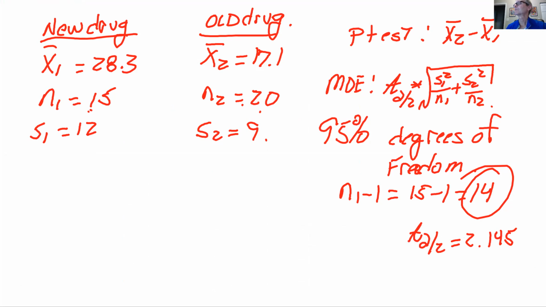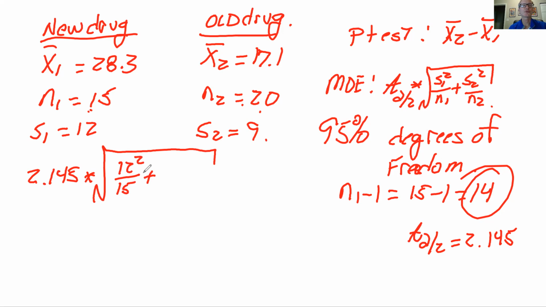Okay, what's next? Now we want to calculate the margin of error. That would be 2.145 times this crazy thing, but you just have to plug them in. It's not absolutely horrible. If we plug those in, we have 12 squared divided by 15 plus 9 squared divided by 20.